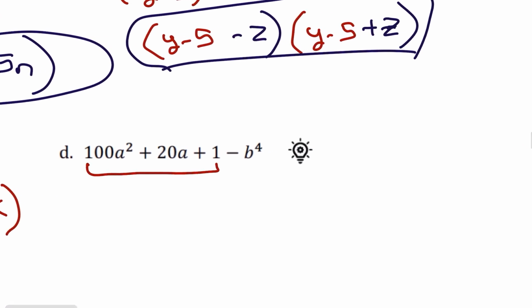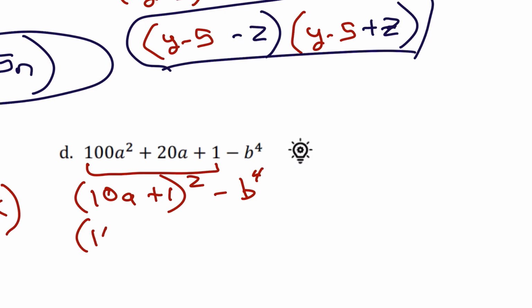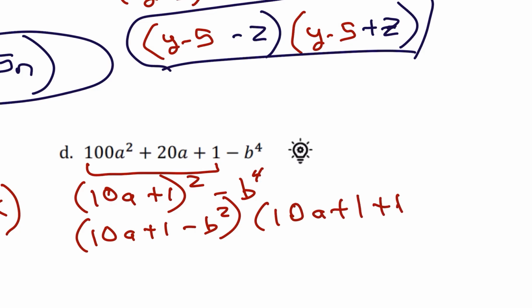Okay, let's go to D. For D, I'm going to first group the first 3 together again. So it's going to be 10a plus 1, the quantity squared, and then it's minus b to the 4th. Okay, so the first time we're going to say 10a plus 1 minus b squared, and then the second time we're going to have 10a plus 1 plus b squared.